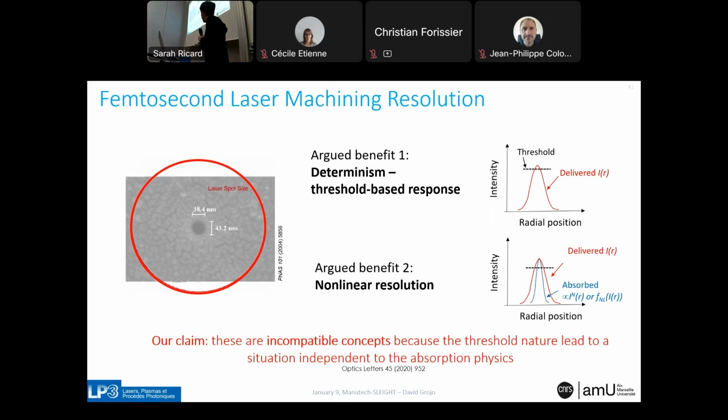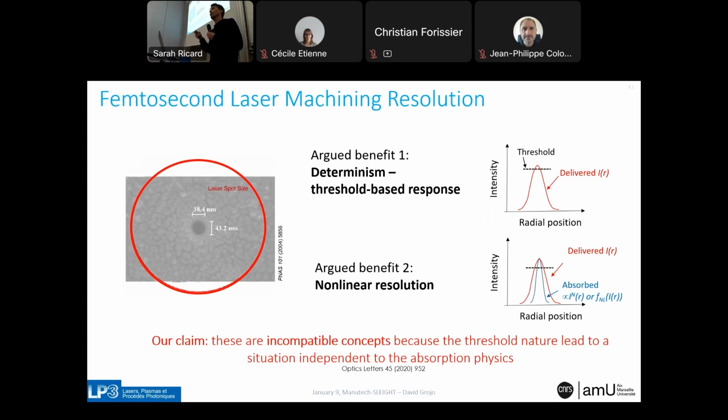But there is another benefit that people argue to explain this high precision, which is the concept of nonlinear resolution. It's very similar to nonlinear microscopy. The idea is to say that what matters, and that was one of the comments we got at the end of the first talk, the first hour, is not the delivered profile. What matters is the absorbed profile.